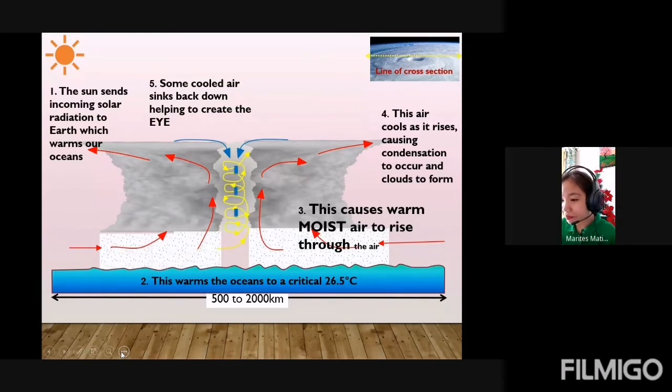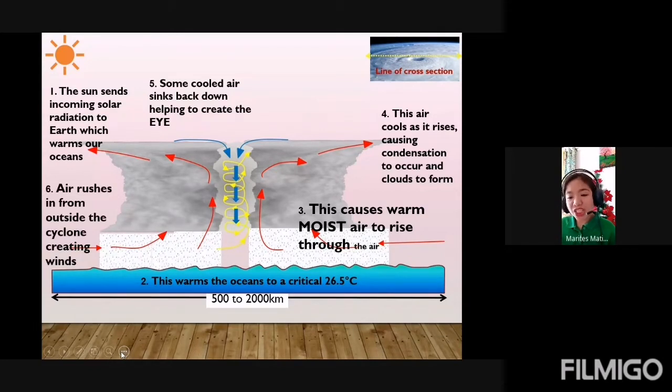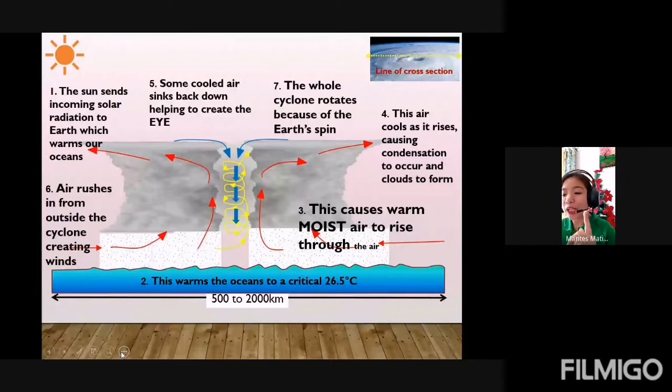Then, down there, air rushes in from outside the cyclone, creating winds. Ayan, so magkakaroon ngayon ng spinning of winds. So the whole cyclone or the whole typhoon rotates because of the Earth's spin.